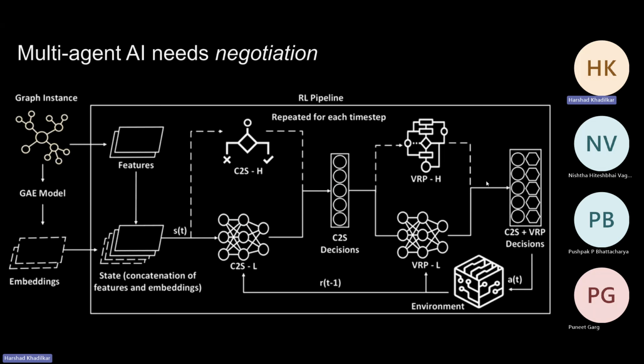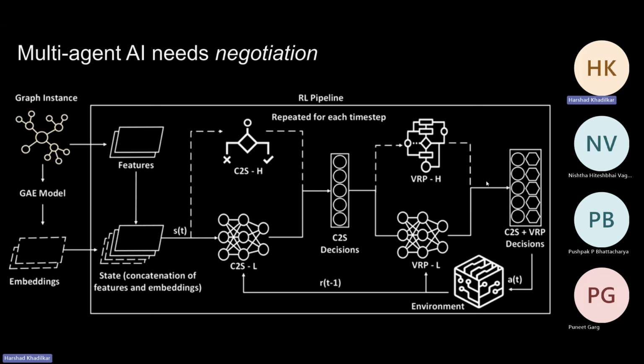So together, the C2S and VRP have to do a few iterations of negotiation. You told me to deliver to these customers, but I have one customer which is going to cost me an additional 1,000 rupees because of my petrol cost or because I need one additional truck. So can this customer be delivered by some other warehouse?